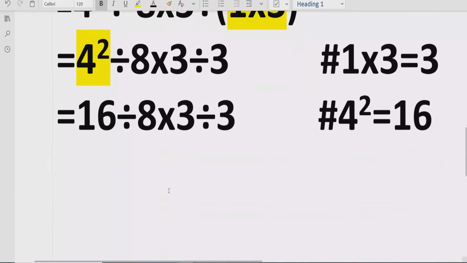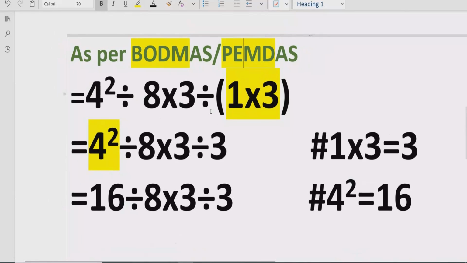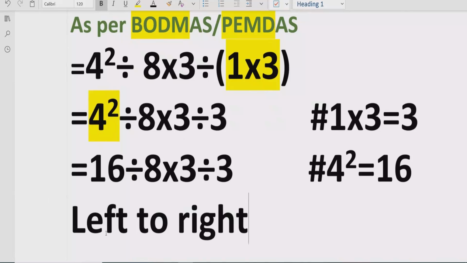Okay. Now move forward to solve the multiplication and division. So what we can do here, the rule is same for both, either you are using the BODMAS or PEMDAS. What you have to do, you have to go left to right and find out which is coming first.